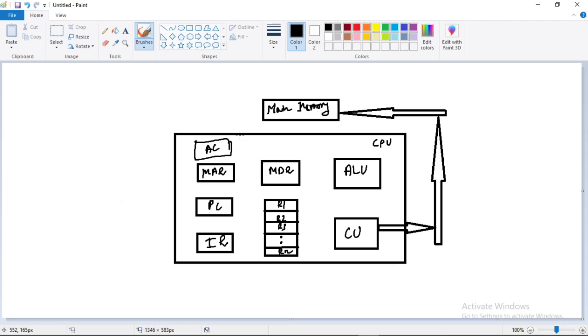For example, in the case of the Intel 4004 microprocessor, the accumulator size was 4 bit. And in the case of the 8085, we have an 8-bit accumulator because the accumulator can contain 8-bit data. For that reason, the size of the register was 8-bit.